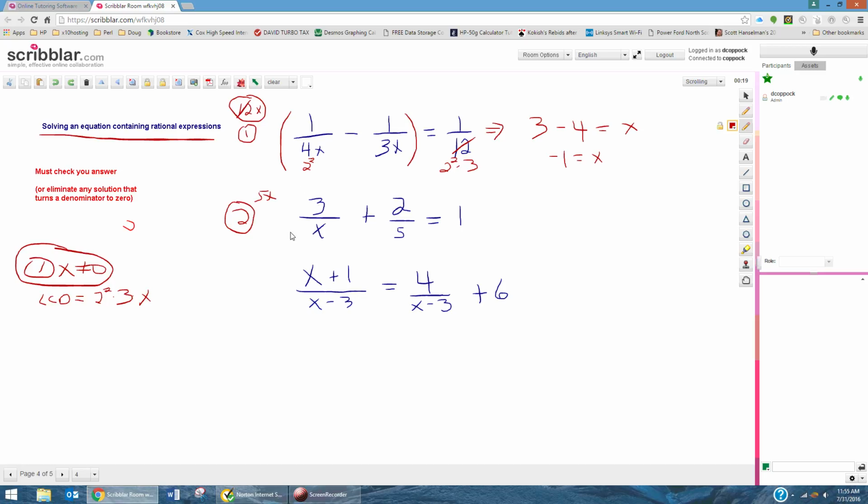5x times 3 over x, the x's cancel out, leaving 5 times 3, or 15. 5x times 2/5, the 5's cancel out. So I get the remaining factor of x times 2 is 2x.